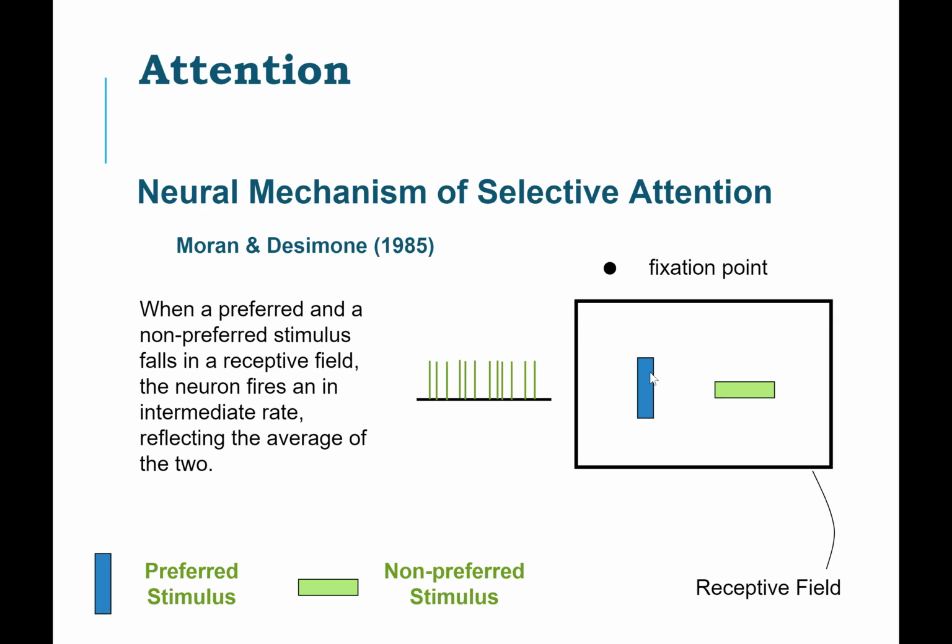The blue vertical bar here is preferred. It means that if it is presented by itself, it would really drive the cell. It would really elicit a strong firing rate from the cell. The green horizontal bar is the non-preferred stimulus. So when it's presented by itself, it's not going to elicit a very strong response.